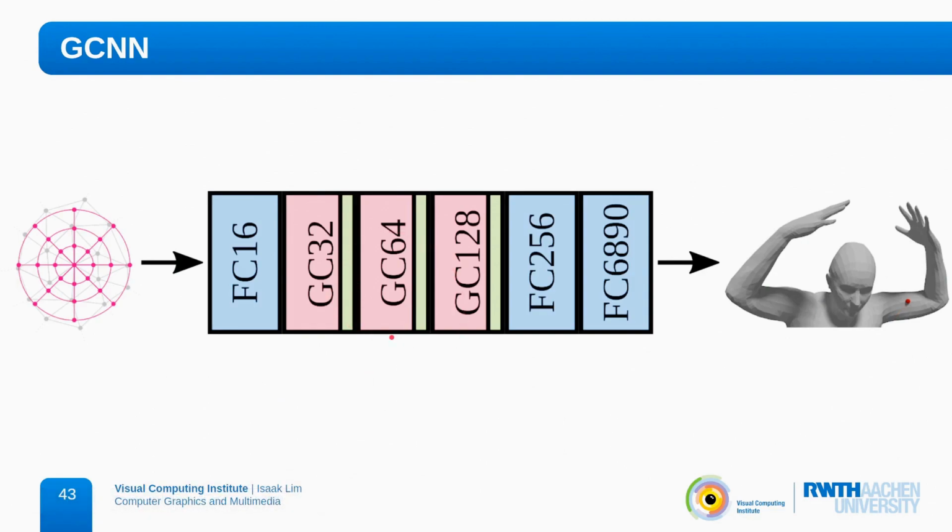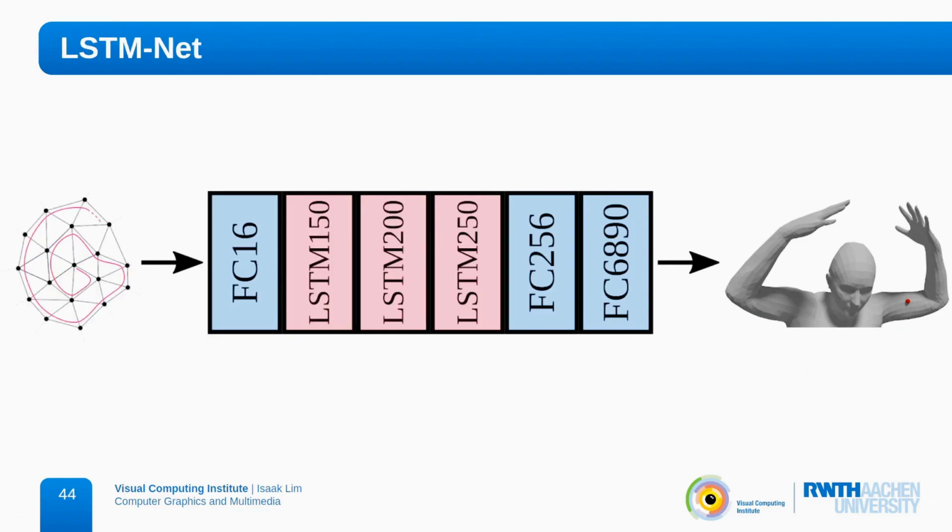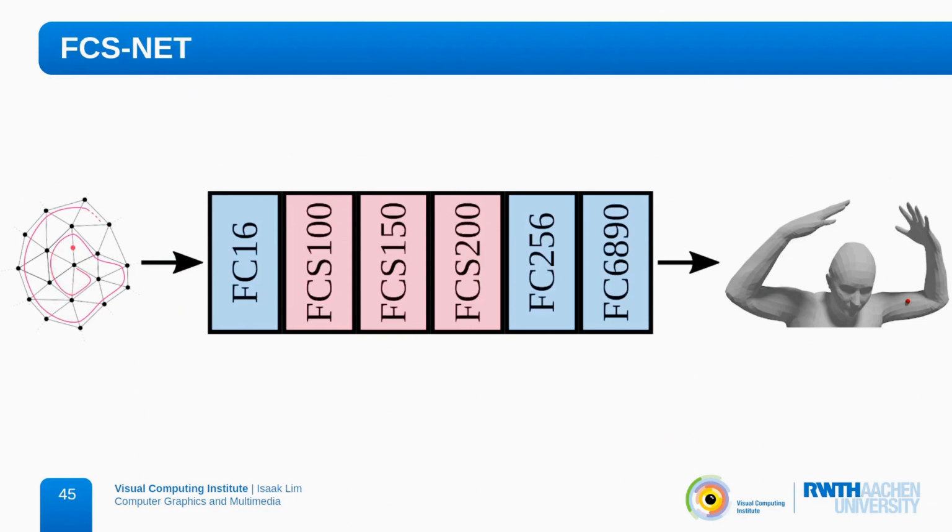In order to compare our approach to the geodesic convolutional networks, we simply replace these convolutional filters with our operations. Shown here is the recurrent network that works on our spiral operator, which produces this ordered sequence of neighboring vertices. Alternatively, we also consider the case where we use fully connected layers to encode the feature sequence.